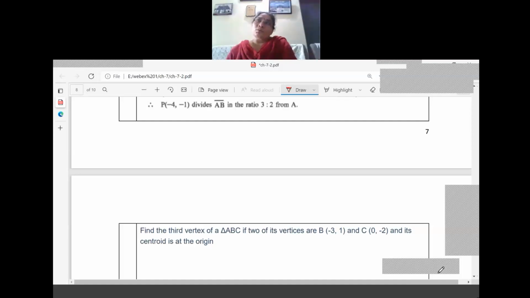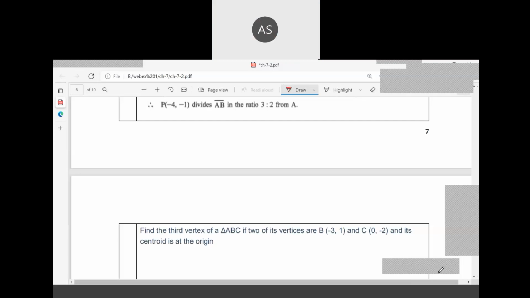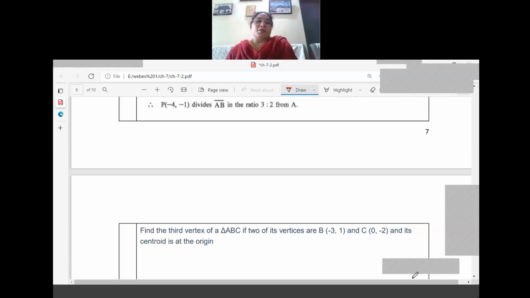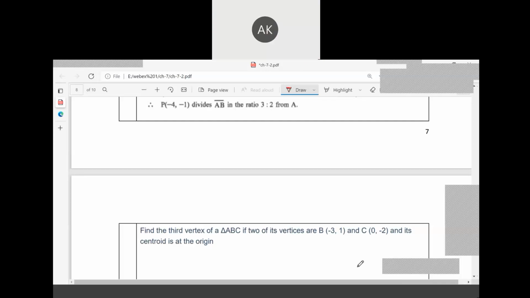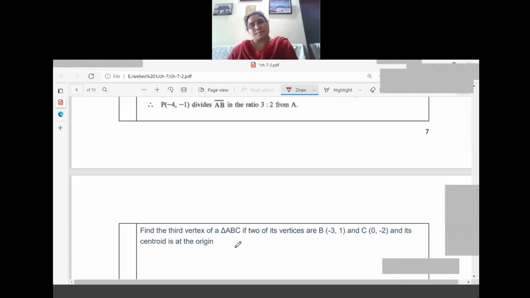According to the question, x1 plus x2 plus x3 divided by 3 equal to, they are telling origin, so minus 3 plus 0 plus 0. No, the first coordinate is not given, na? Ma'am, 3 and minus 1. Take A as x comma y or x1 y1.